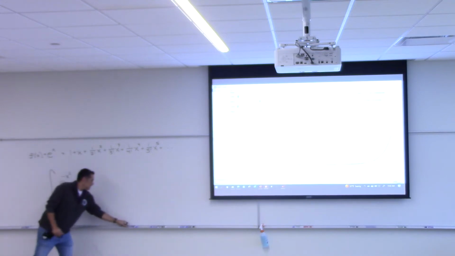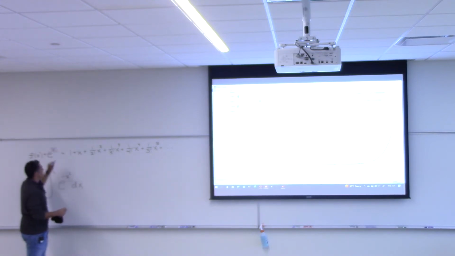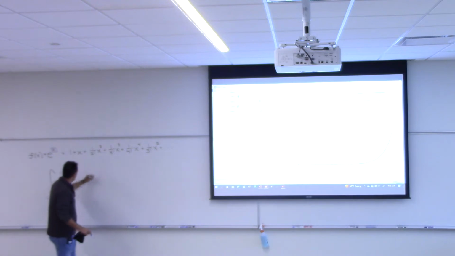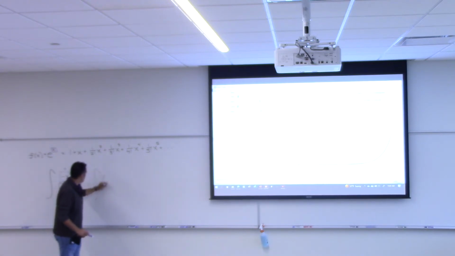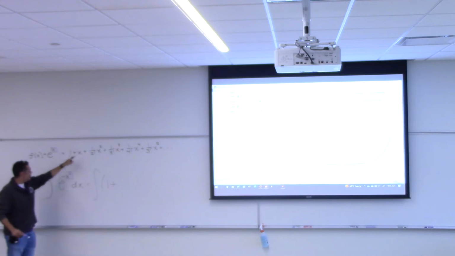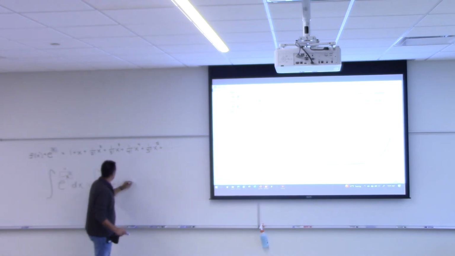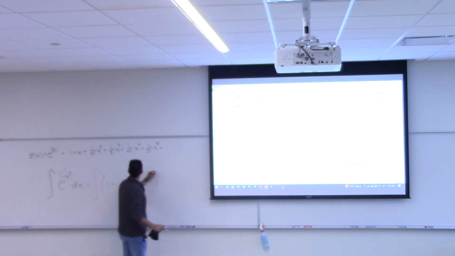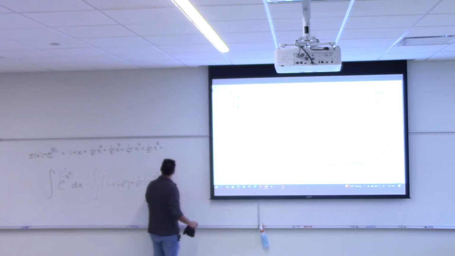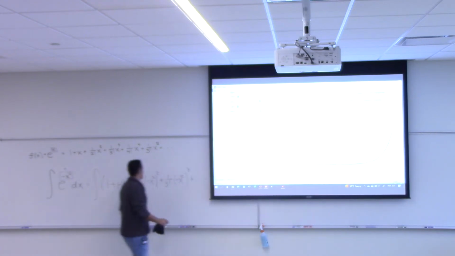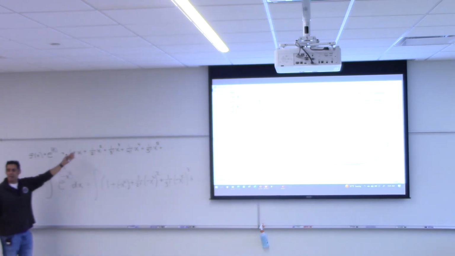But if e to the x is equal to that, then I can just act like that's my x right here in the formula, and I can rewrite this as the integral of 1 plus, now instead of x, I'm going to put negative x squared, plus 1 over 2 factorial, and then negative x squared squared, then plus 1 over 3 factorial, negative x squared cubed plus dot, dot, dot. Do you see all I've done is just use that formula and replaced all the x's with negative x squareds?